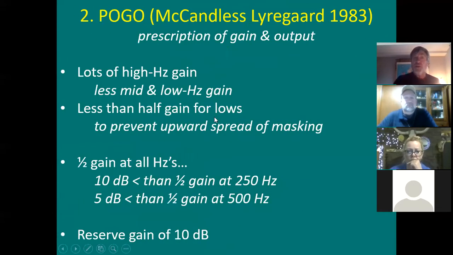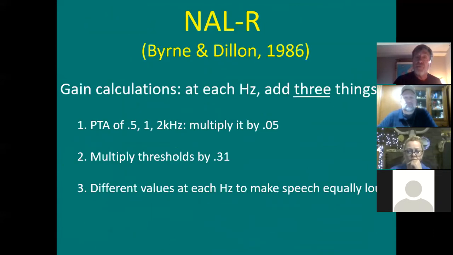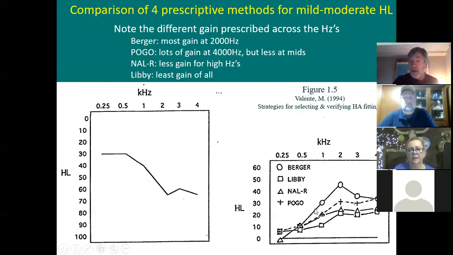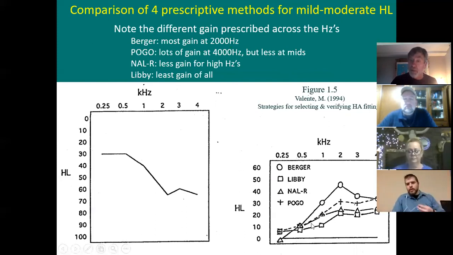POGO likes lots of high frequency gain, but it gives less mid and low frequency gain. Then you've got Libby. Look at Libby. Third gain. Libby's the squares. Look at this. Third gain. And then you have NAL, the triangles. And you can see that NAL is a fairly weak formula too. It gives a little bit more than Libby, but NAL is pretty weak too.